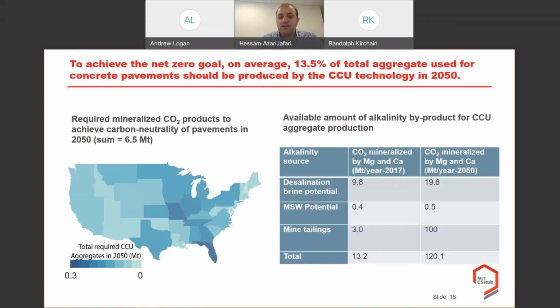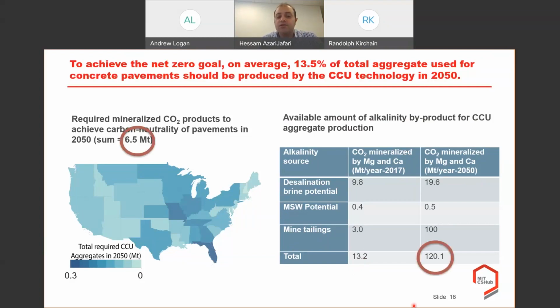On the other side, we considered 3 different alkalinity sources, which are mostly magnesium oxide or calcium oxide sources, for example, the desalination brine potential, municipal solid waste potential, or mine tailings, the ultramafic mine tailings, and we estimated the amount of materials that can be available for CO2 mineralization based on these waste or byproducts from 2017 till 2050.